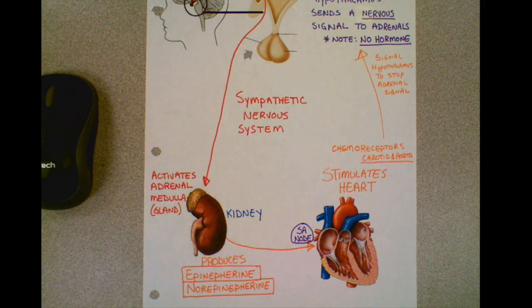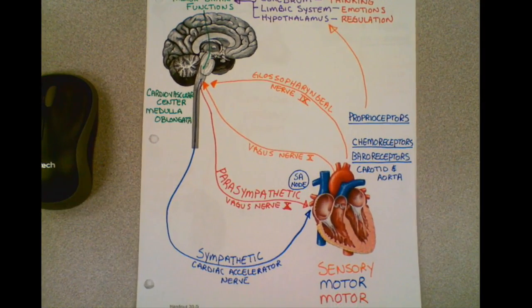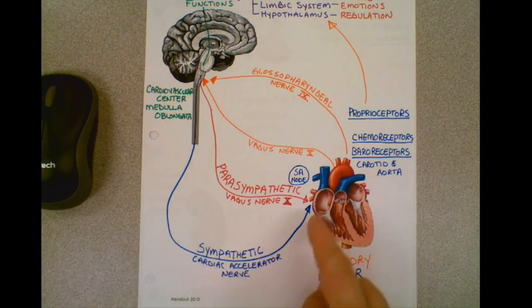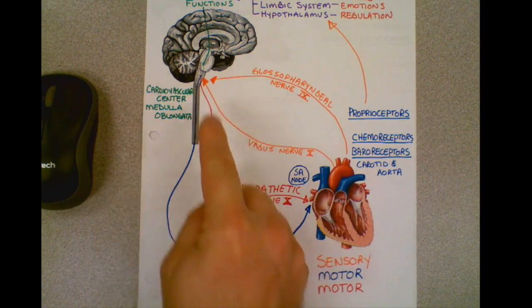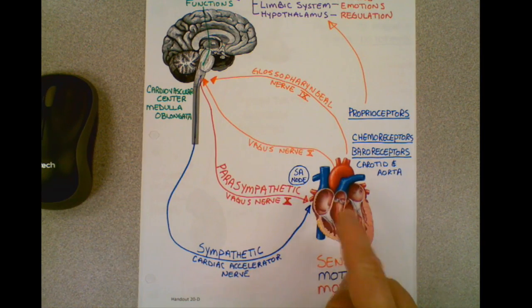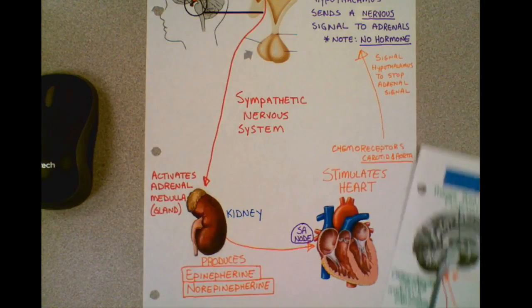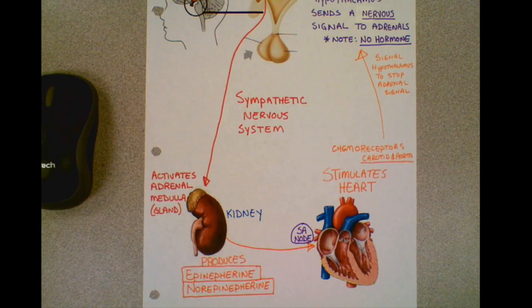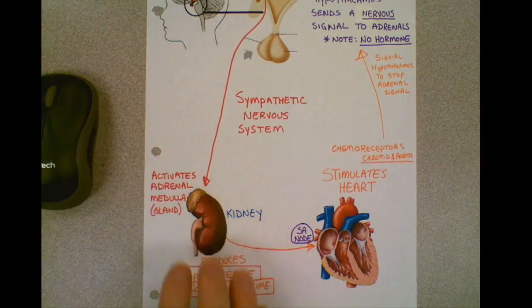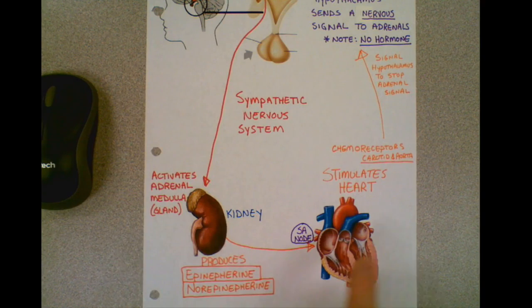When we think about the other handout, Handout 20D, this happens really fast, right? We can send a fast signal to speed up our heart, and then we can send another fast signal to slow it down. But the hormones, they work much slower. So it takes a few minutes to make the hormone and then get it going.